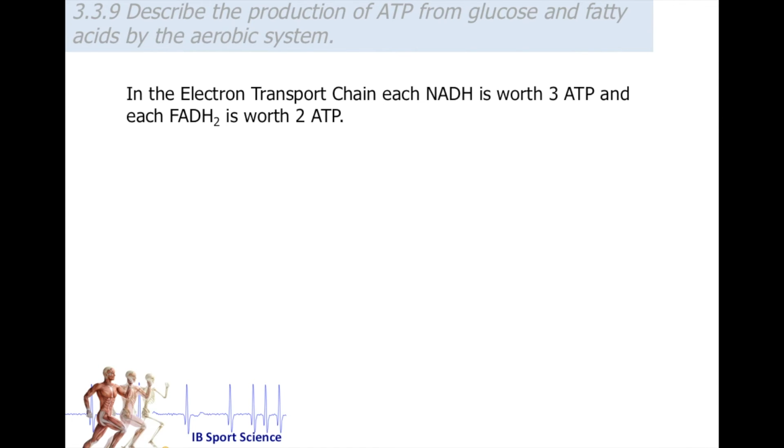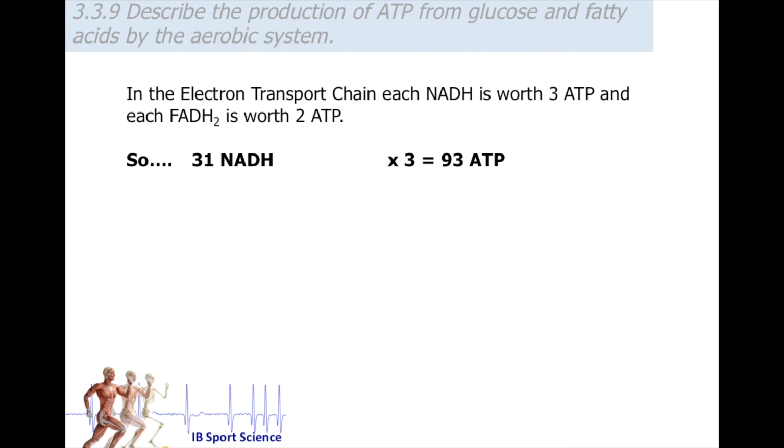Obviously, our electron carriers then go forward to the electron transport chain just as they would if glucose was used as the fuel source. And the same thing occurs, so the NADH is able to resynthesize 3 ATP molecules, and the FADH is capable of resynthesizing 2 ATP molecules.